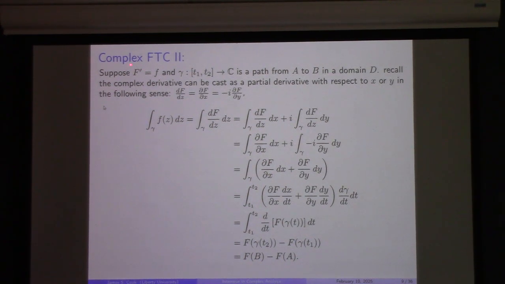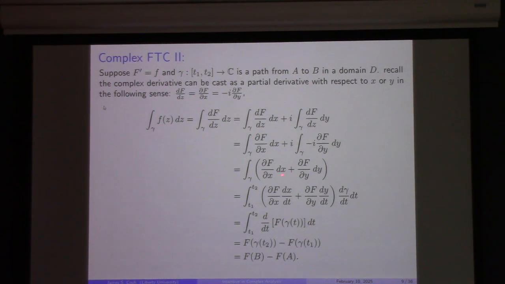We also have a complex fundamental theorem of calculus part 2, which is to say if you have an antiderivative of your complex function, you can take the difference of the antiderivative at the endpoints of the curve. The reason for that being true is basically the complex chain rule, which I use somewhere in here, right here. And also these conditions right here are the Cauchy-Riemann equations.